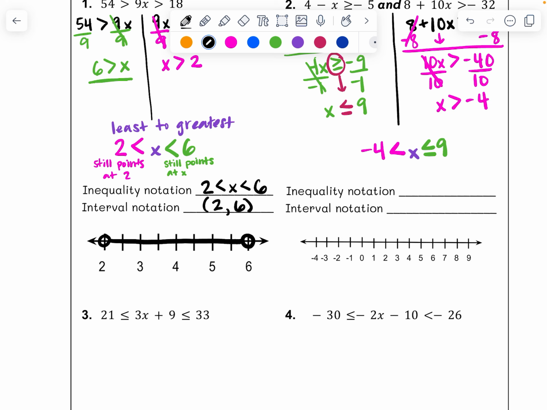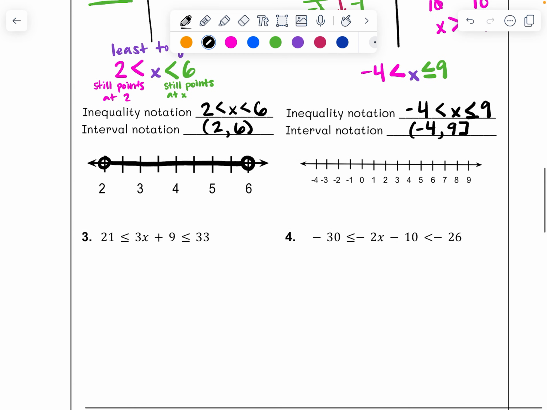They're always going to point left. So my inequality notation is -4 is less than x is less than or equal to 9. Interval notation, parentheses, -4, and then 9 with a bracket. And when I graph this, I have a closed circle on 9 and an open circle on -4.